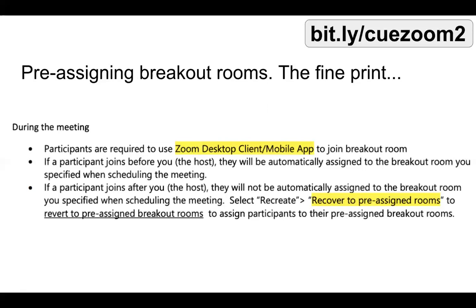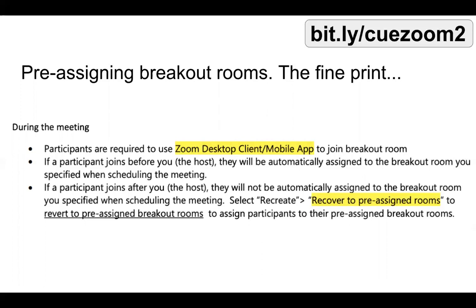They have to join before you, otherwise you have to recover to pre-assigned. It's a whole big kind of glitchy mess. So you could mess with it, but if you have challenges, it's because there's a lot of fine print stuff that's a little tricky. They're still fine tuning it. I'm sure it'll get better. I would assume in the near future there won't be as many glitches as we're talking about right here.